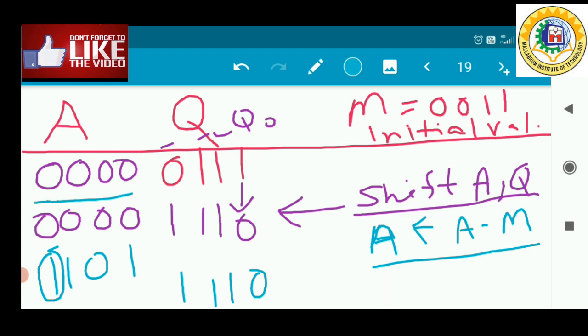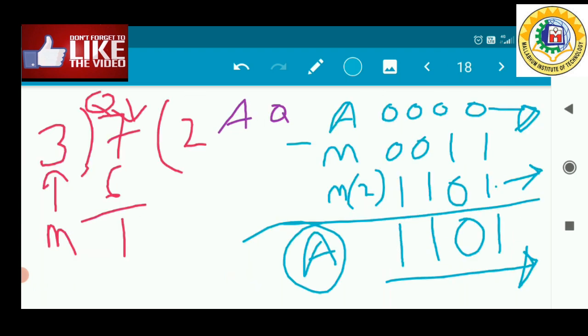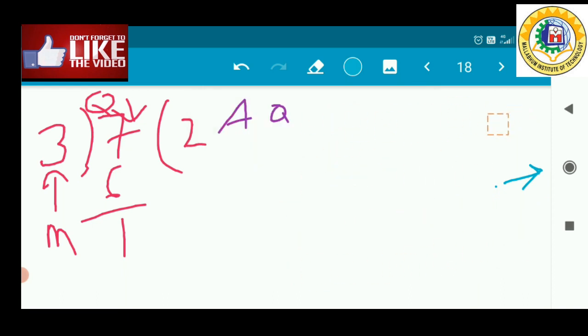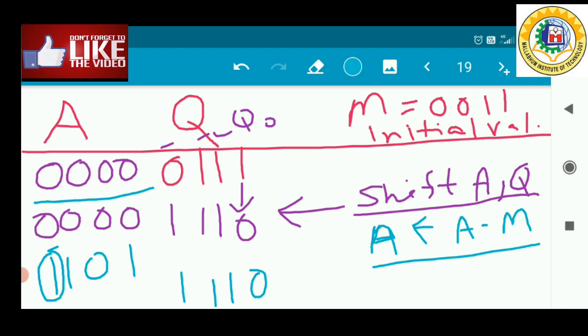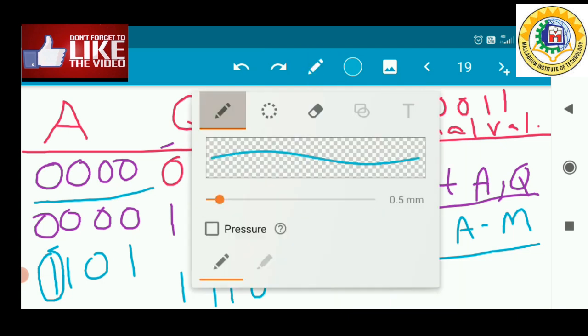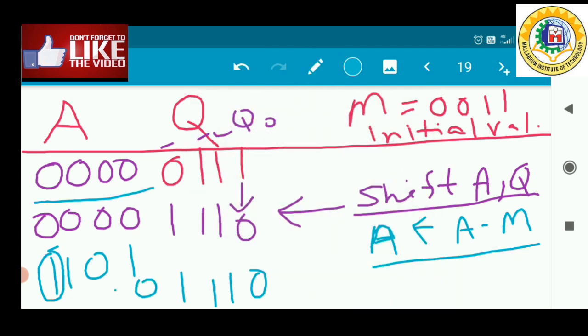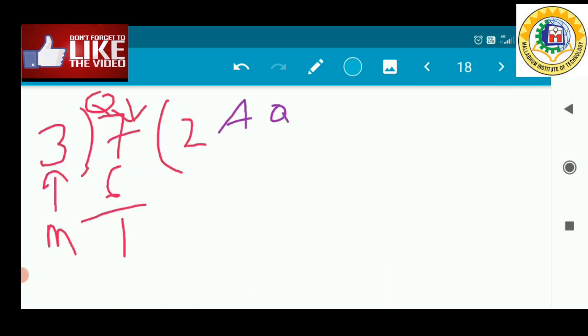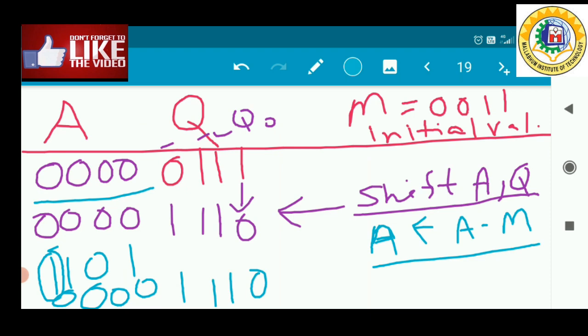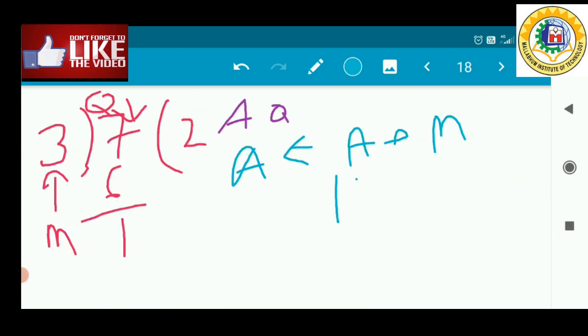Restore A means previously A is 0. In the shortcut method, restoring A means A is 0 0 0 0 0, and in the elaborate method, A equal to A plus M. So previously your A is 1 1 0 1, and M equal to 0 0 1 1.